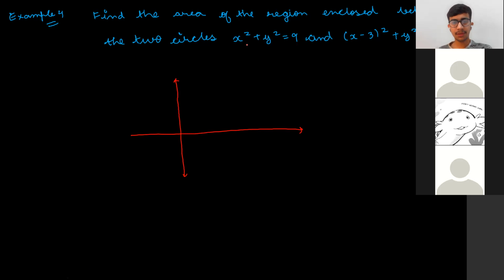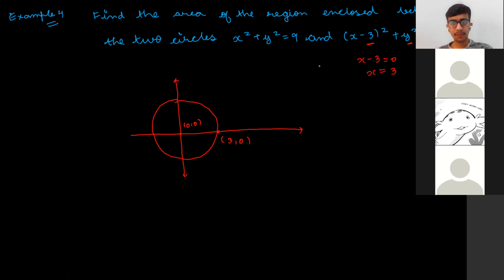So we have two circles. One circle is x square plus y square is equal to 9. So the circle is like this, with center 0, comma 0, and this is 3, comma 0, right? And for the second circle, it is x minus 3 the whole square, so x minus 3 is equal to 0, x is equal to 3.